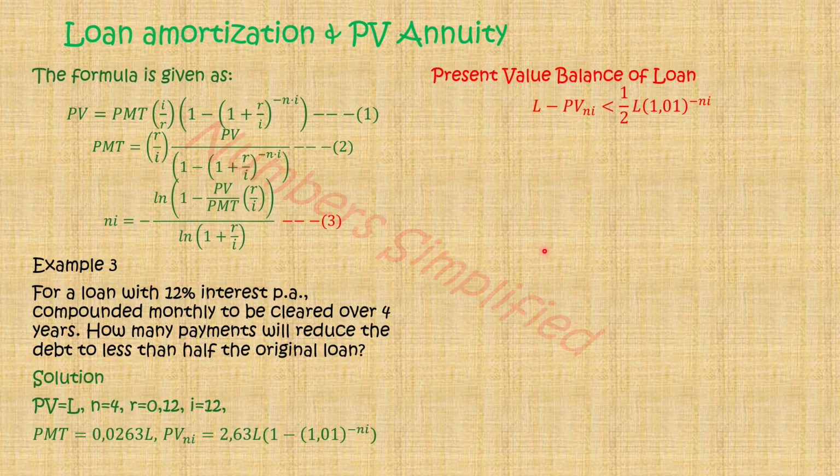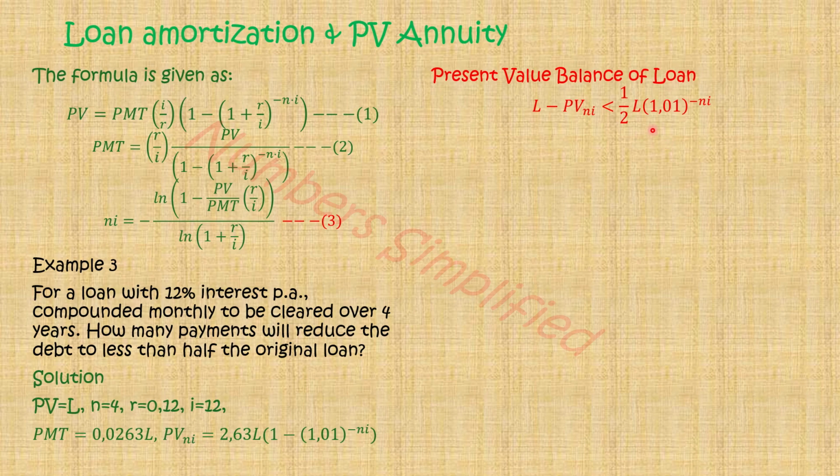So whatever the value would be in the future, we are bringing it back so that we get the present value of the loan. So we are getting the present value of half the balance of the loan, what it would be worth in the present. That's why we are using the power minus NI.